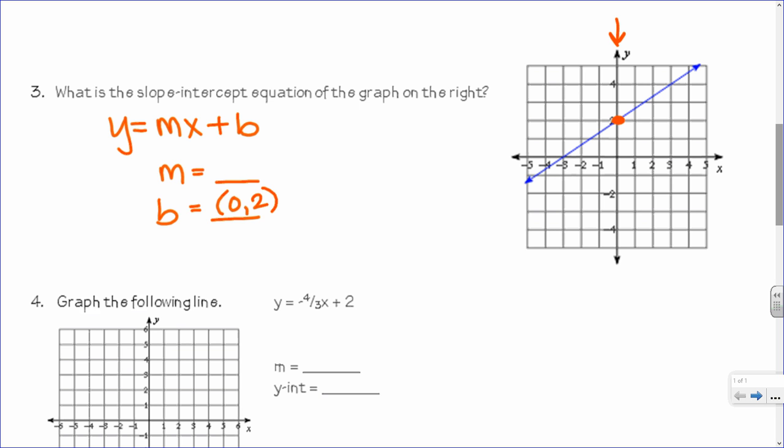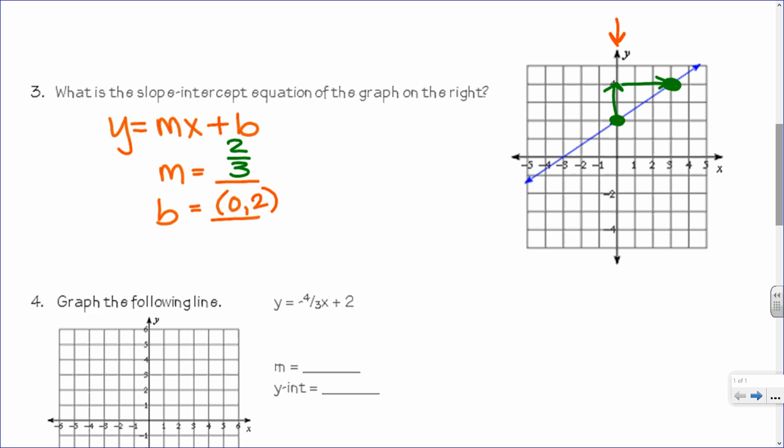And let's try to identify our slope. So I already have one point on my line, and here's another up here. So in order to determine the slope of this line, I can think rise over run. So going from the point on the left to the point on the right, I have to go up 2 and over 3. So I'm rising 2 and running 3.